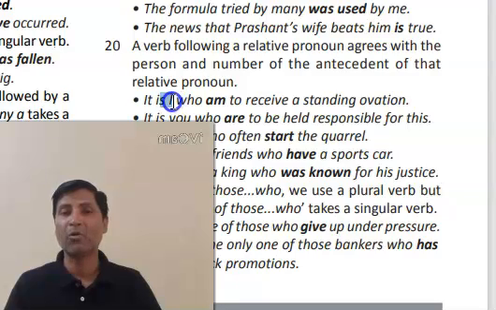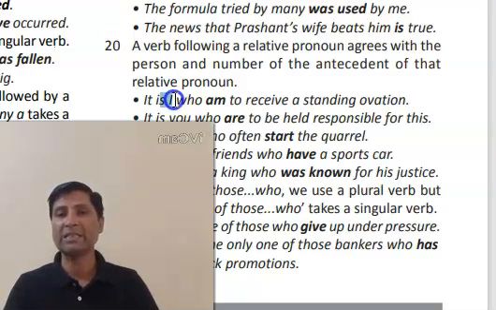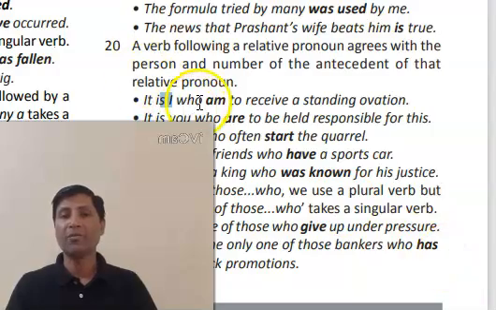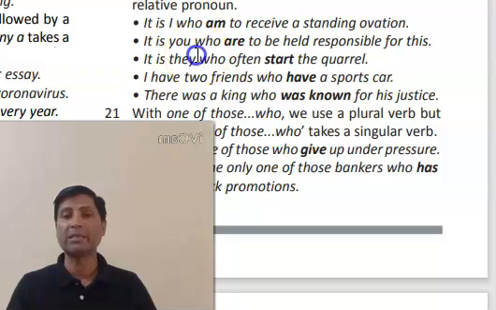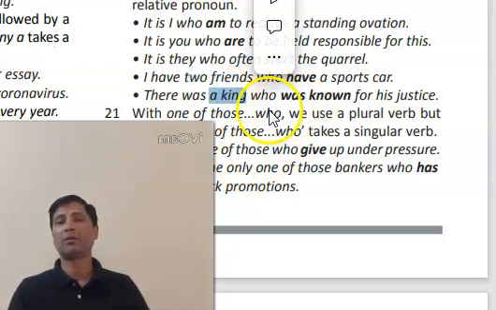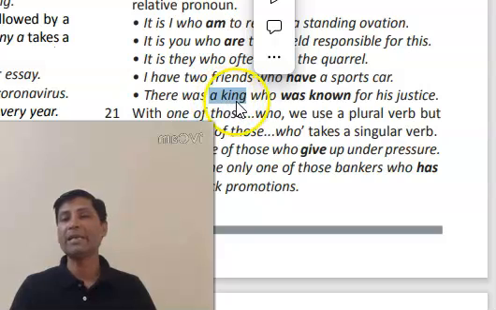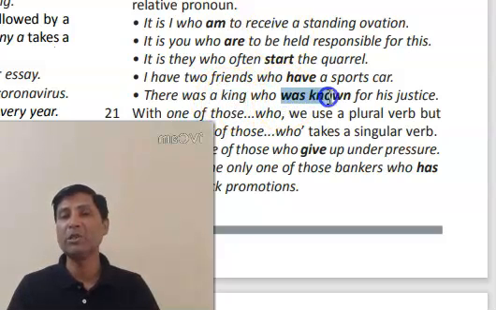Antecedent means the noun or pronoun coming before the relative pronoun. So here the verb will agree with I. In the next sentence, the verb will agree with you, then they, then two friends, then a king. Here you can see a king is singular and therefore this verb is also singular.